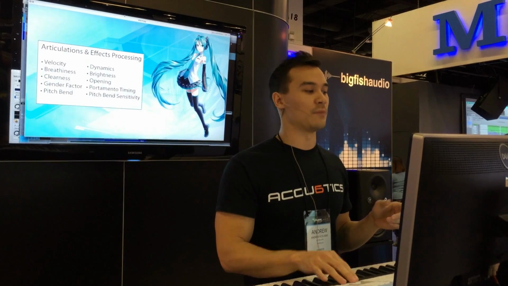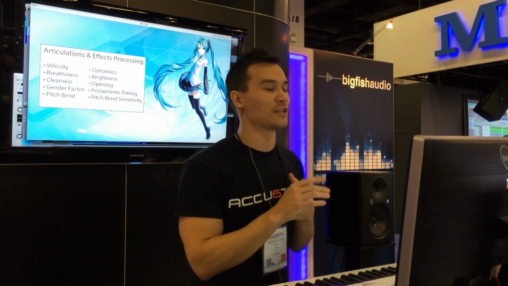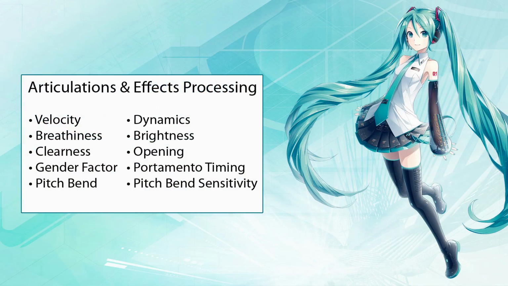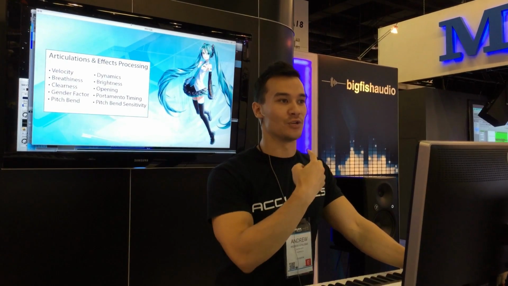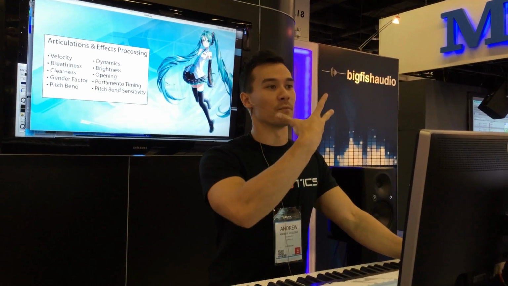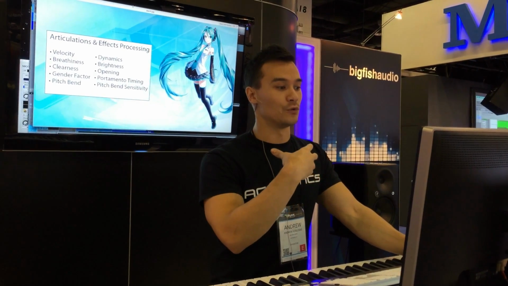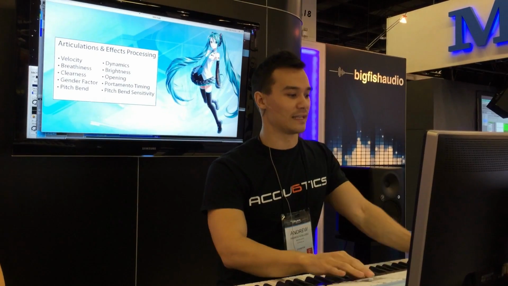Some of the articulations and effects processing that you can use within Miku are velocity, breathiness, clearness, gender factor, which is a lot of fun, pitch bend, dynamics, brightness, and opening, and by opening I mean the opening of her voice. You can emulate how a singer would expand their mouth opening to get Miku to sound just like that.